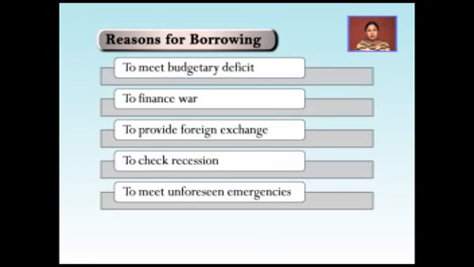Now let's recapitulate the different reasons for which the government borrows from the public through various sources. The first one is to meet the budgetary deficit. Whenever the government finds it difficult to cope with its expenditure and revenue, it borrows from various sources.